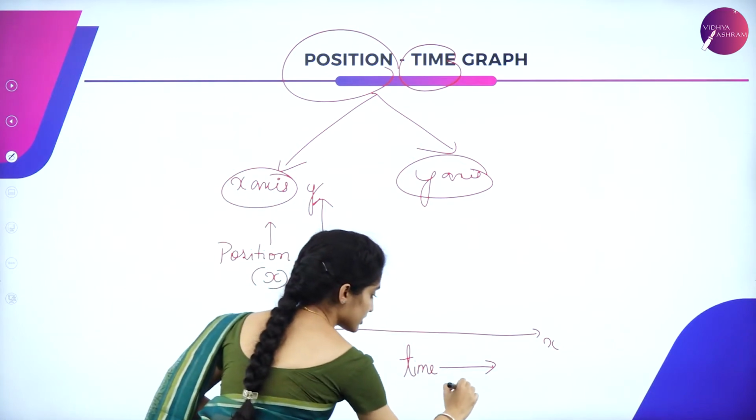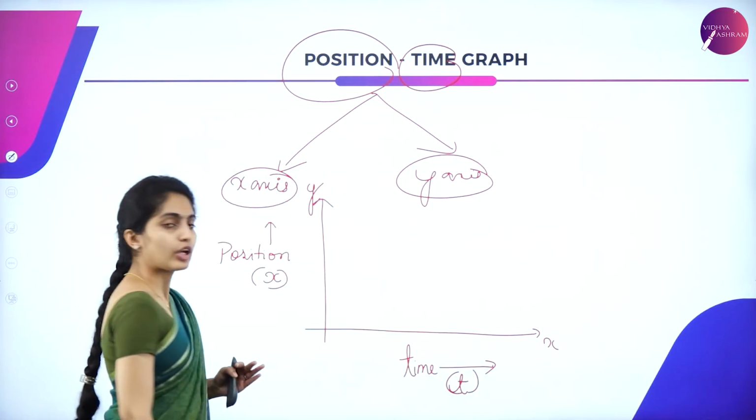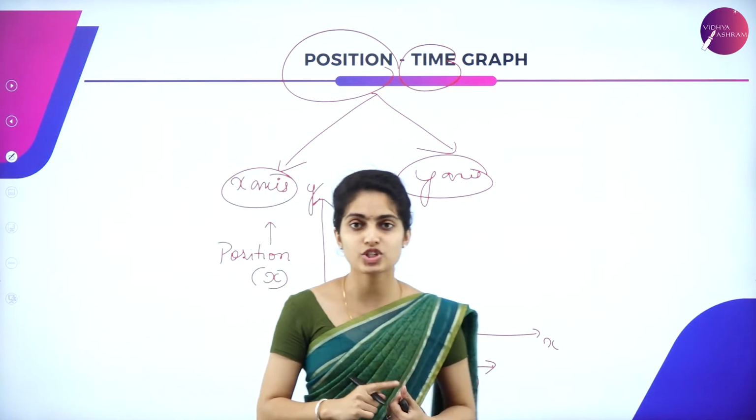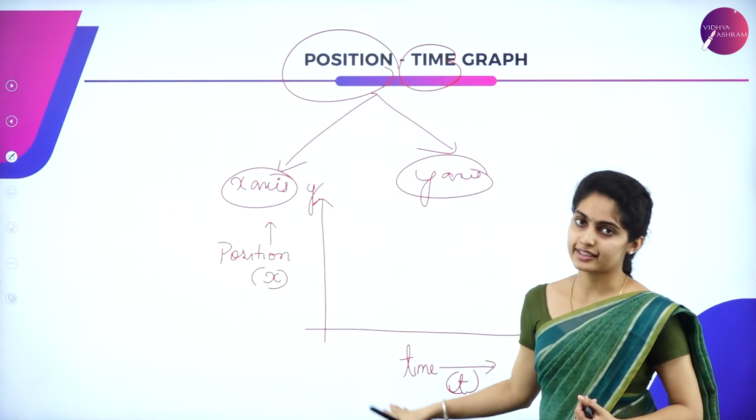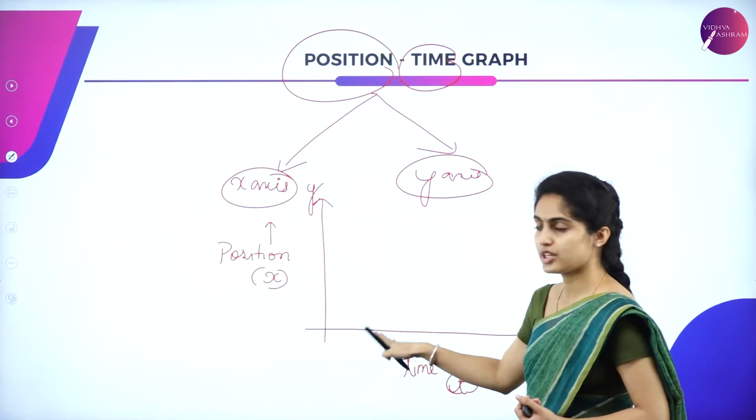So your position lies on your y-axis and your time lies on your x-axis. This is all about the position time graph.